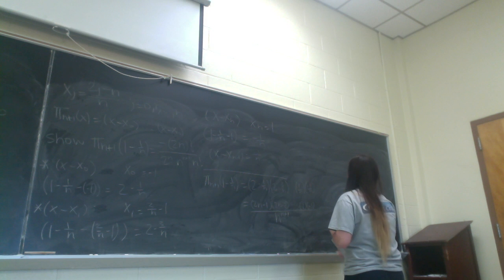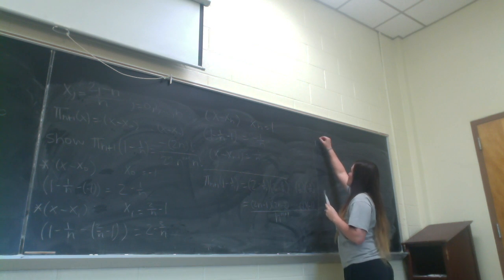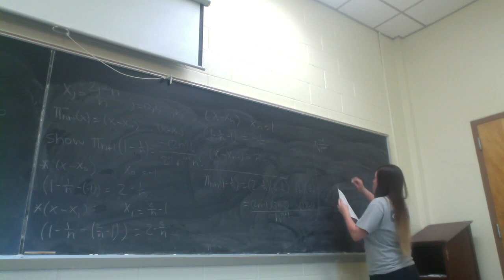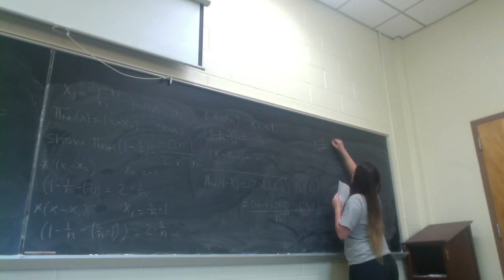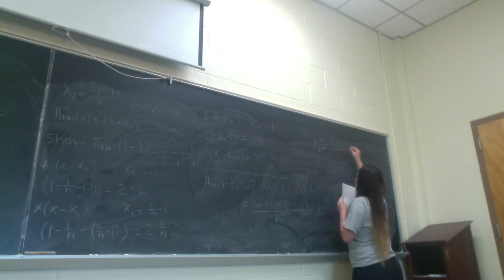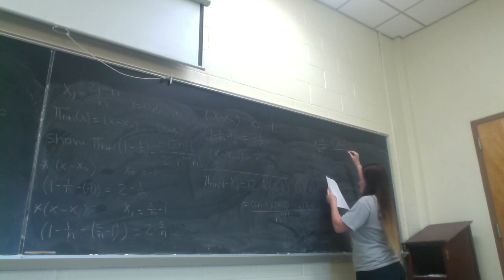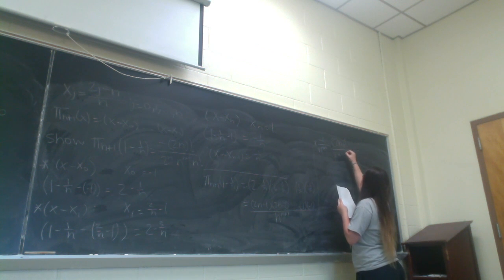So I rewrote this equation as negative 1 over n to the n plus 1, times 2n factorial, and then divide by all of the even factors. So that's 2 times 4 times all the way up to 2n.